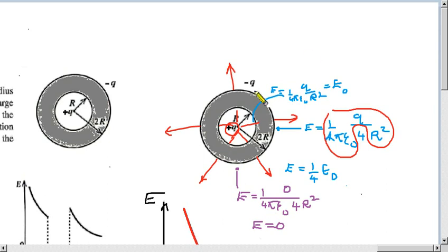Now, due to this negative charge that is equal to q, since there are 1, 2, 3, 4, 5 force lines for this positive q, and the magnitudes are equal, I mark only 1, 2, 3, 4, 5 negative charges. Each of these charges has a force line towards the sphere, like this.